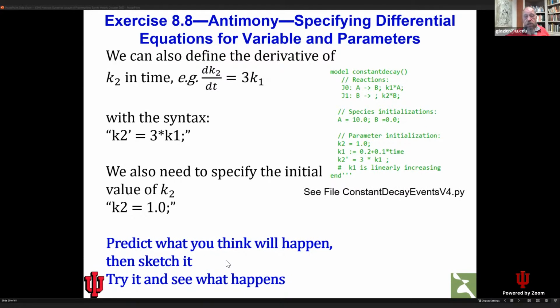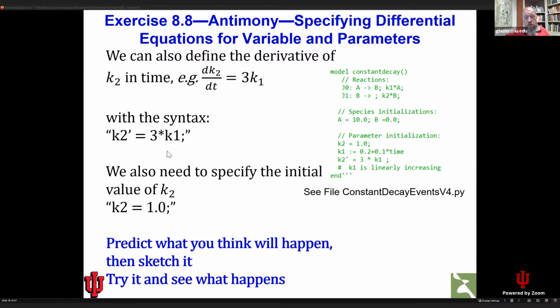Now, one of the things that Antimony is designed to do is express chemical reactions. Those chemical reactions turn into rate laws. Certainly if we write nothing goes to B at a rate K2 times B, that's equivalent to writing dB/dt equals K2 times B. So the arrow notation can effectively write ODEs if we like.